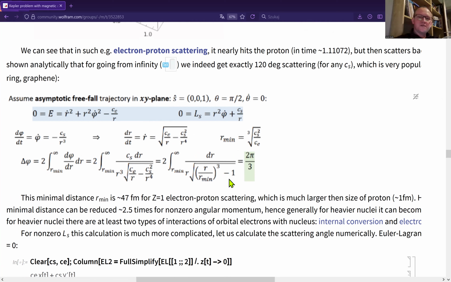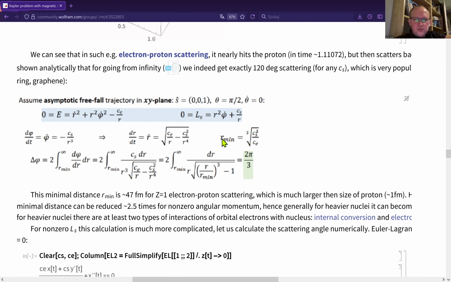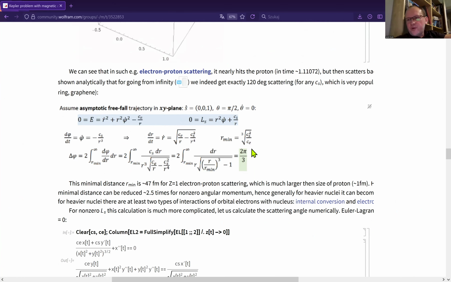So it is very nice that it's universal: whichever parameters, magnetic dipole moment we choose, it should be exactly this one. However, this minimal distance depends on the parameters, like the strength of the magnetic dipole and so on. For example, to get some intuition, if you take an electron and a proton, this minimal distance is like 47 femtometers.